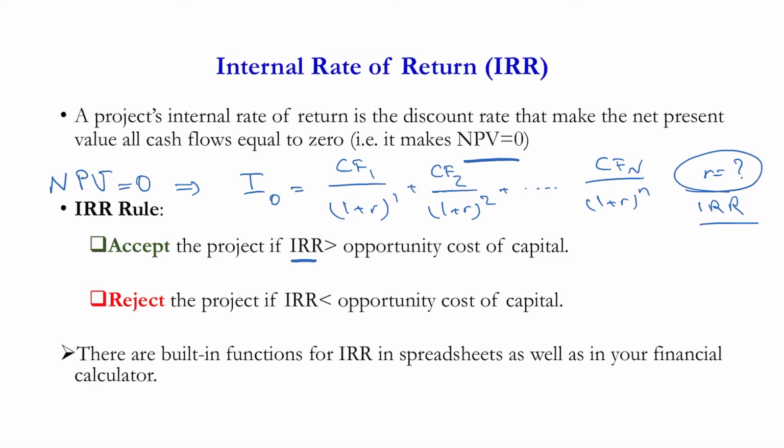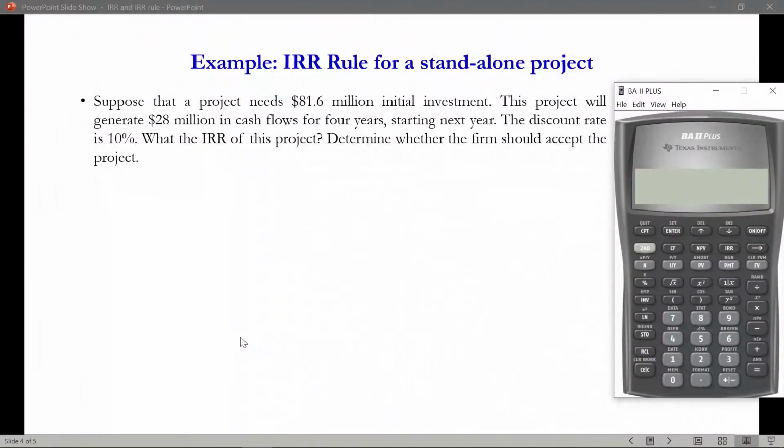So if the IRR of a project is larger than its cost of capital, we would accept that project. Otherwise, we would reject that project. Okay, now let's solve this example to see how we can use the IRR decision-making rule for a standalone project.